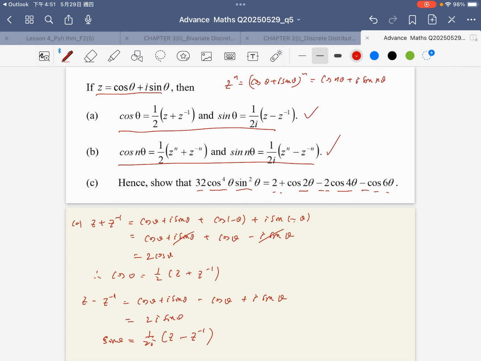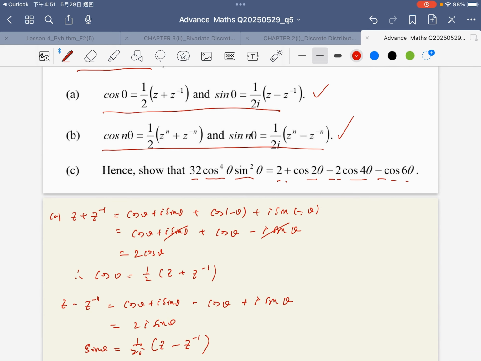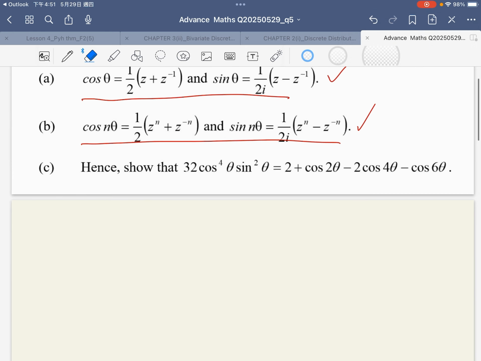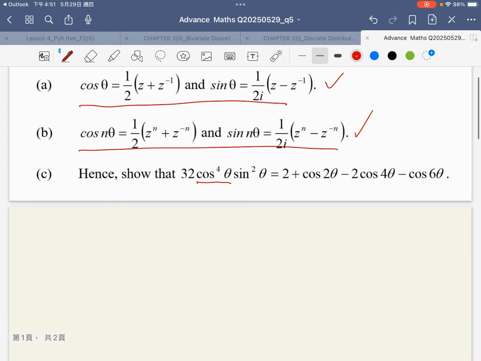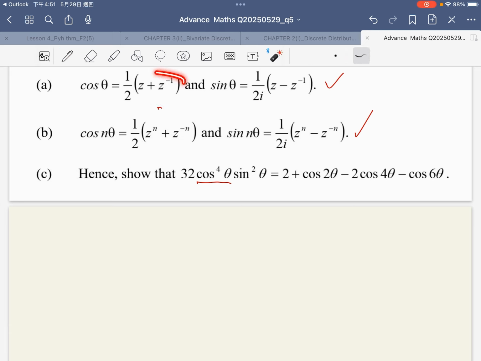Then for the last part, I open a file. I treat this as cosine to the power 4 times sine to the power 2. Cosine is equal to 1 over 2 times z plus z to the power minus 1, to the power 4.